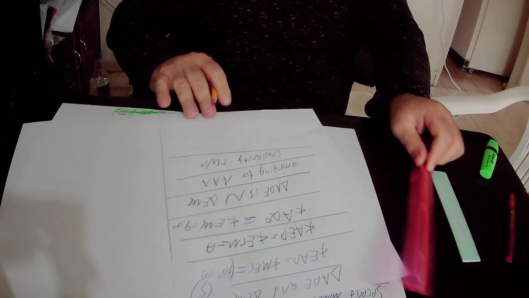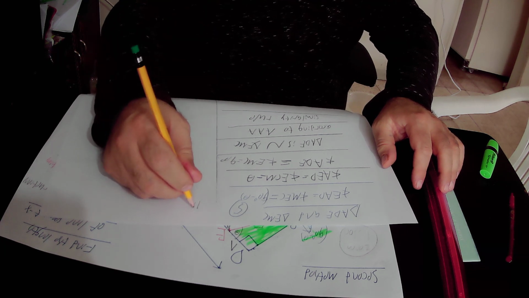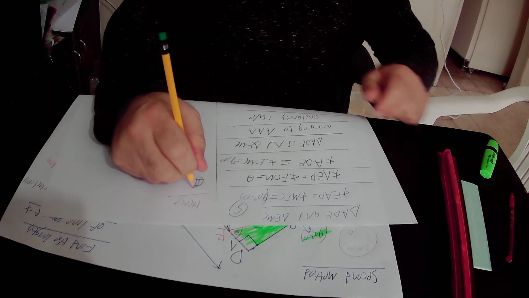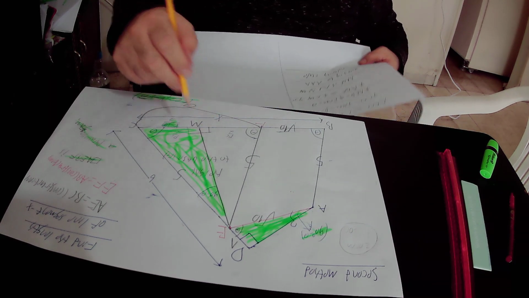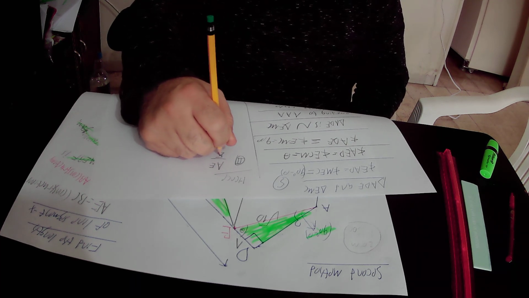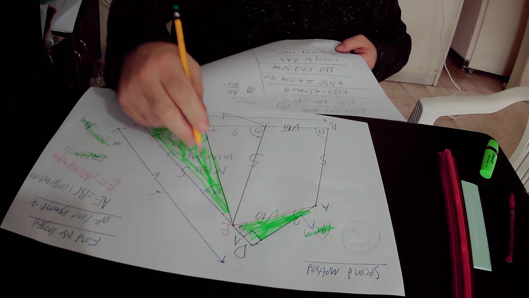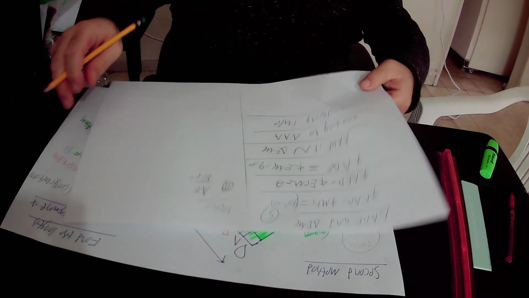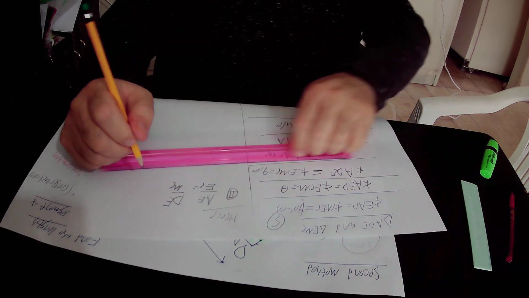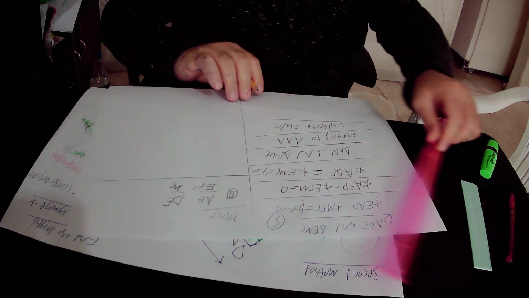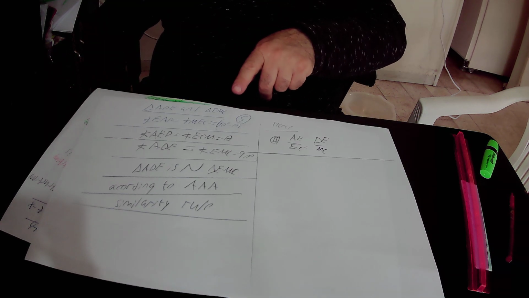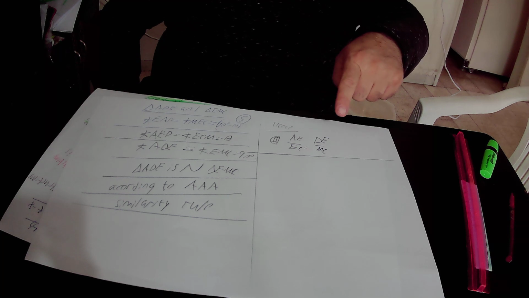And from the fact that those two right triangles are similar to each other, we conclude hence that AE over EC equals DE over MC. I repeat again, from the fact that triangle ADE is similar to triangle EMC, we conclude that AE over EC equals DE over MC.